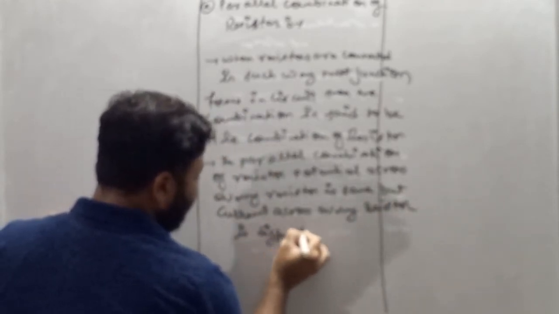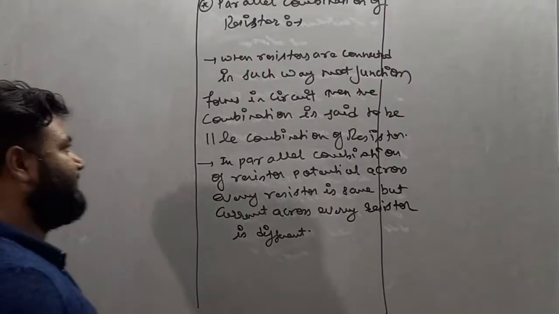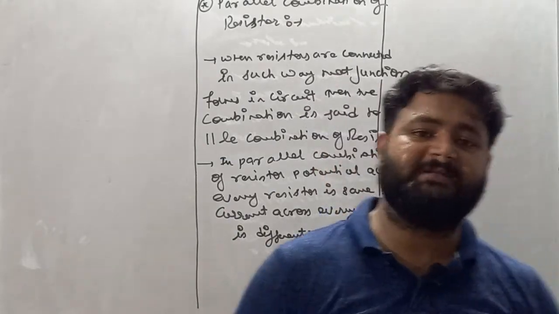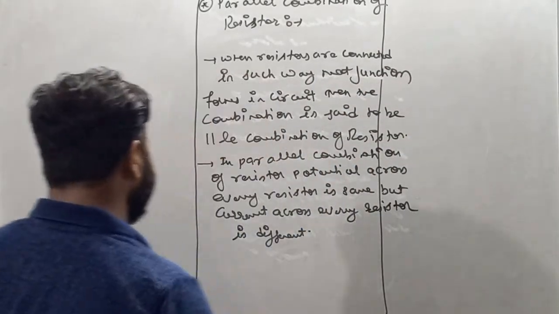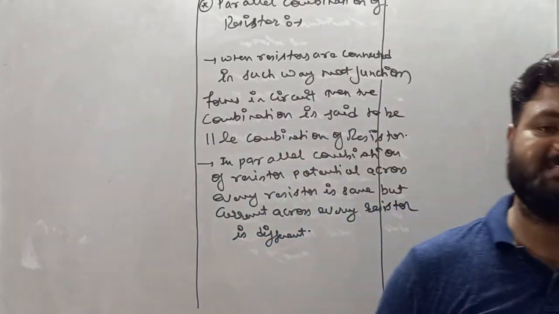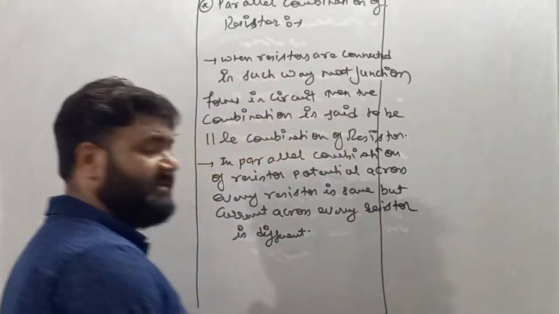So remember, in parallel combination, first, a junction forms. Second, the potential across every resistor is the same, but the current across every resistor is different.